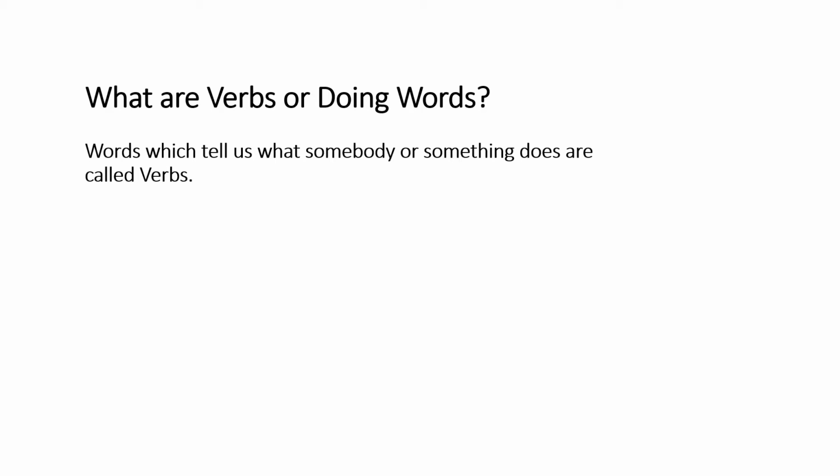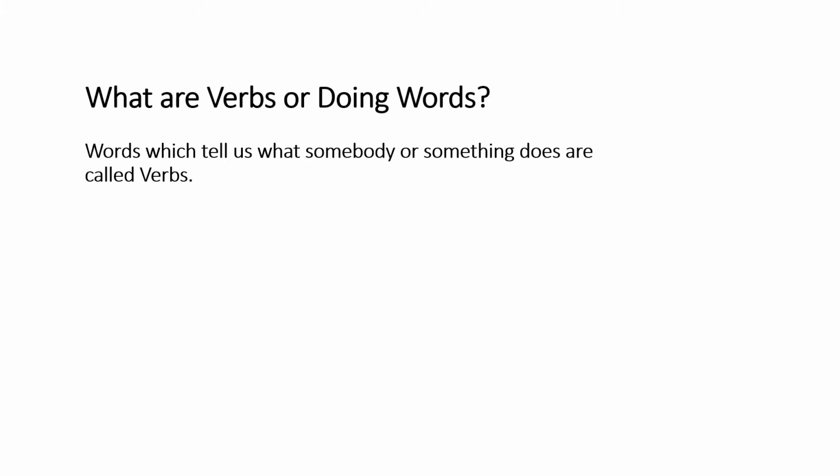Verbs and doing words both are the same. They are called by two names, but they are the same. So from now on we are going to use the word verb for doing words. We won't say doing words hereafter. We will call all the words which show action by the word verb. Okay?